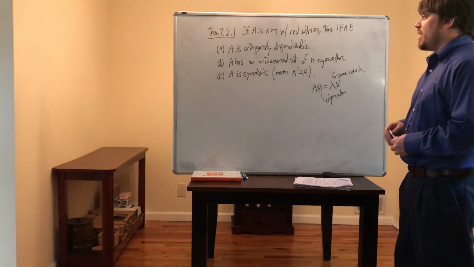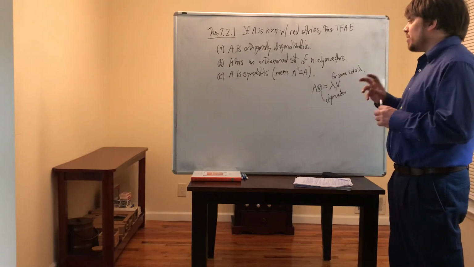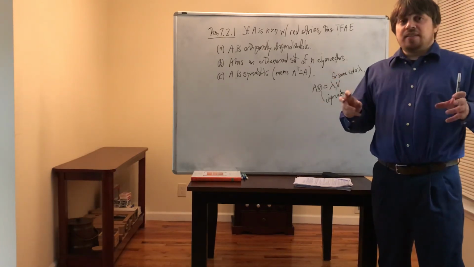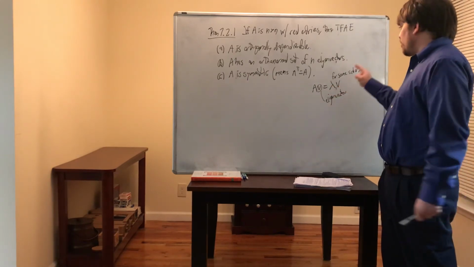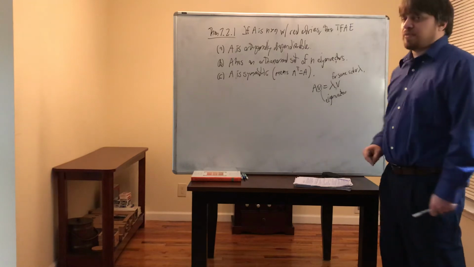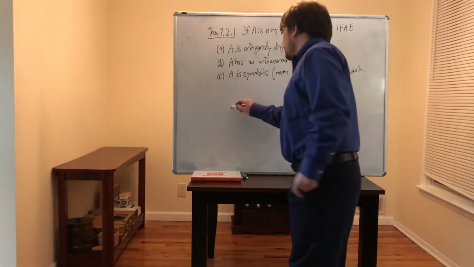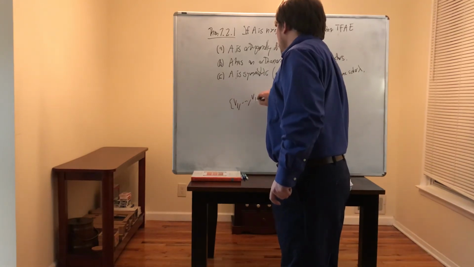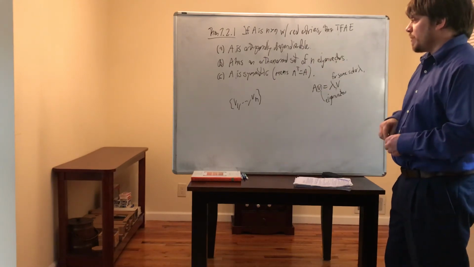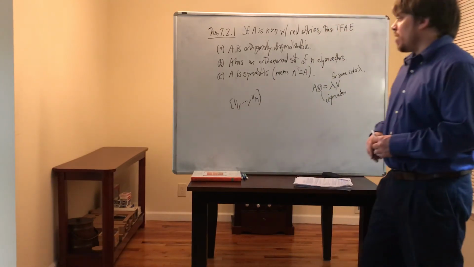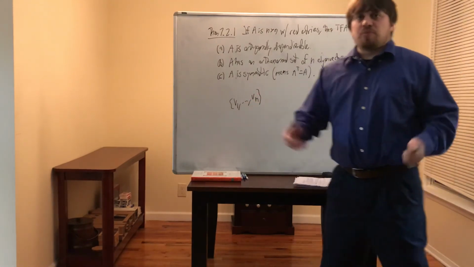And so what statement B is saying is that A has an orthonormal set of n eigenvectors, meaning you can find n vectors with this property where for some scalar lambda, AV is equal to lambda V. You can find n of those V's, V1 to Vn, and they form an orthonormal set, meaning the length of all these V's is 1, and it's an orthogonal set, where if you take any 2 of them, their inner product is 0.